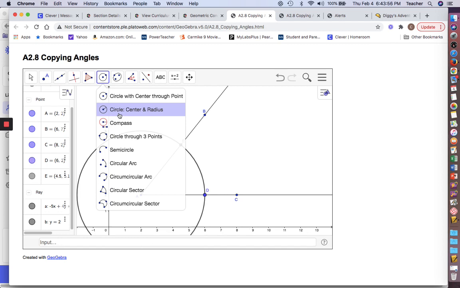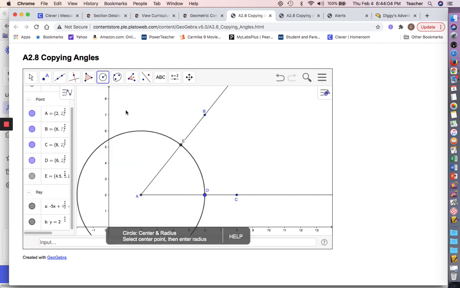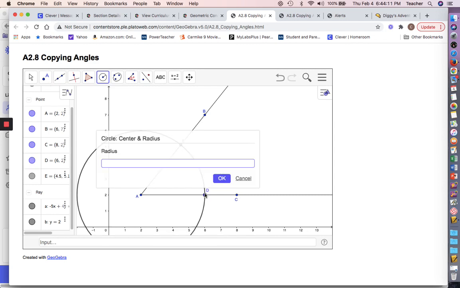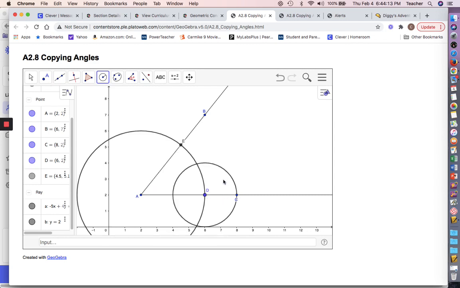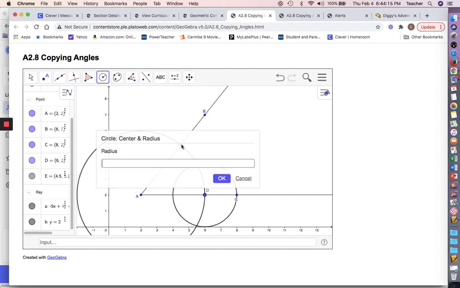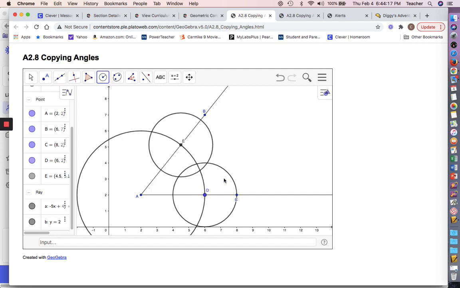I have to have the center of D and the same radius as the one through E. All right, so I'm going to select my center point, which is D. How about a radius of 2? Okay. Do the same thing with E. Radius of 2. All right, good. They do cross each other in 2 places. That's what I wanted to happen.